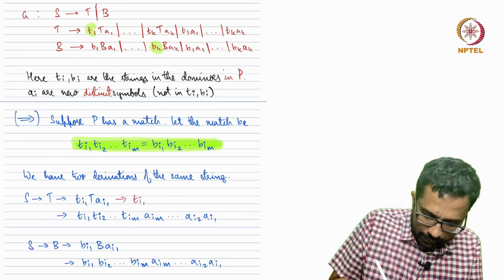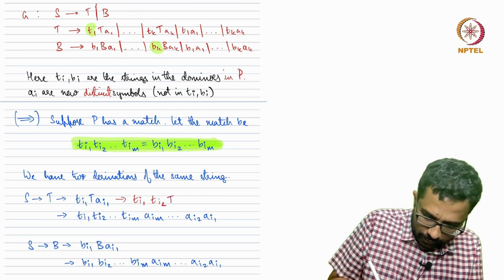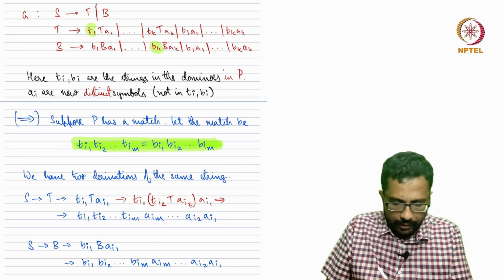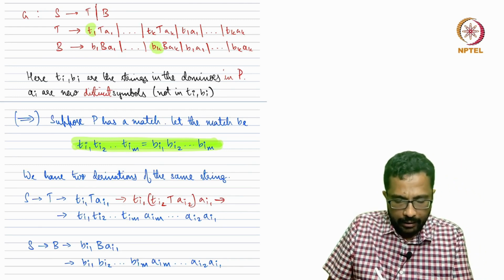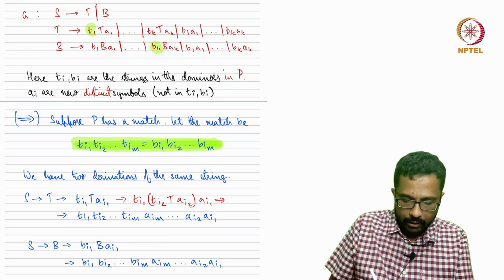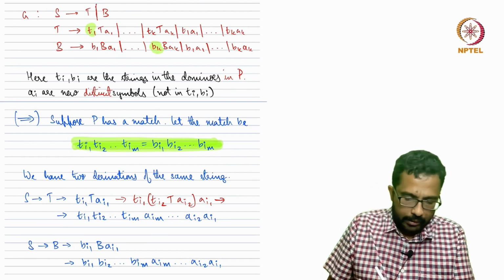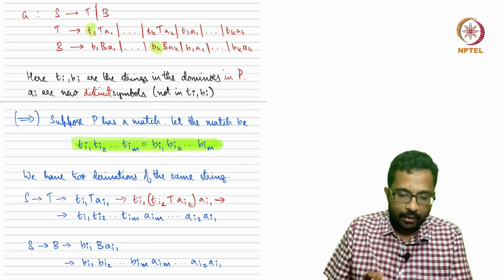Ti1 is already derived, then maybe Ti2 T ai2, and so on till we get Ti1 Ti2 up to Tim, followed by Aim up to Ai2 Ai1, right? So we can get this string over here.